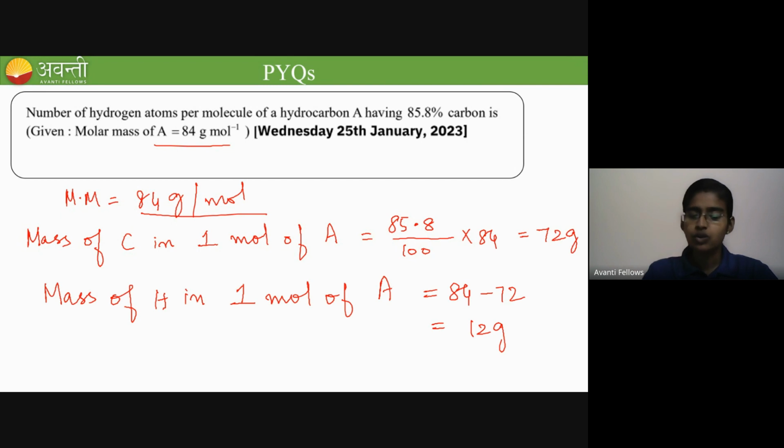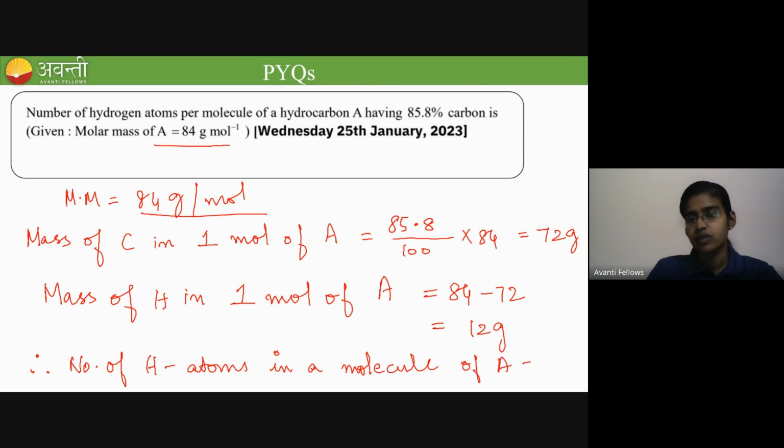Now, to find out the number of hydrogen atoms present in a molecule of A, it will also be equal to 12. Therefore, in 1 molecule of A, we will have 12 atoms of hydrogen.